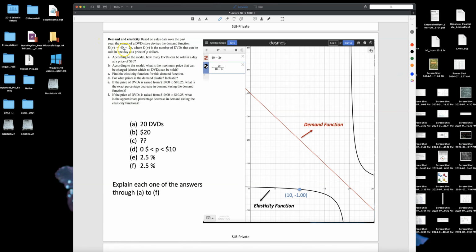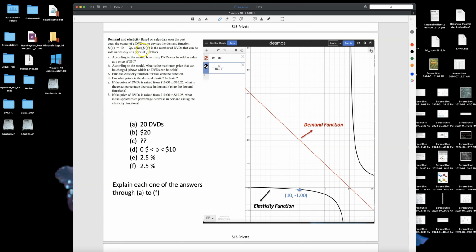We can see that it is a linear function, but the slope of the linear function is negative. It's -2. So what is the meaning of that? That as the price increases, the demand is going to decrease. If I have items that in the market are getting higher and higher in price, probably the demand is going to decrease. I'm not going to purchase that item because the price is getting higher. That's what this is telling you.